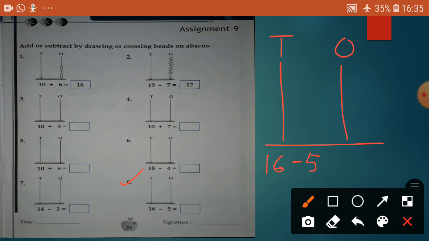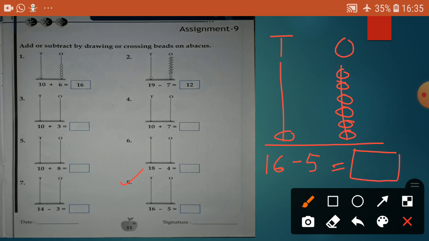I draw here 1 ten, and 6 ones: 1, 2, 3, 4, 5, 6. See here, the question is minus 5.